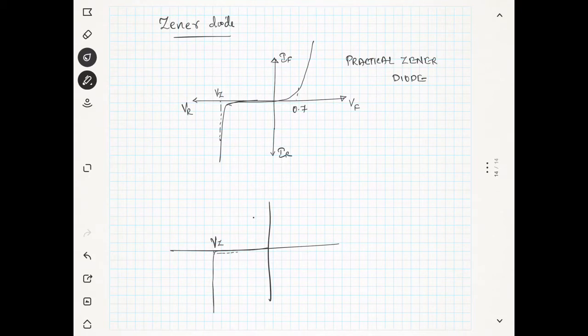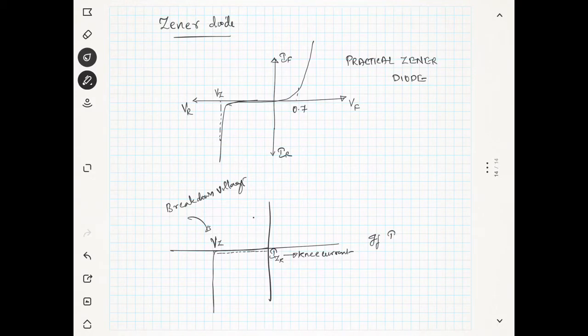So the breakdown happens at some voltage, known as the breakdown voltage, and the minimum current required for this breakdown to happen is known as the knee current.